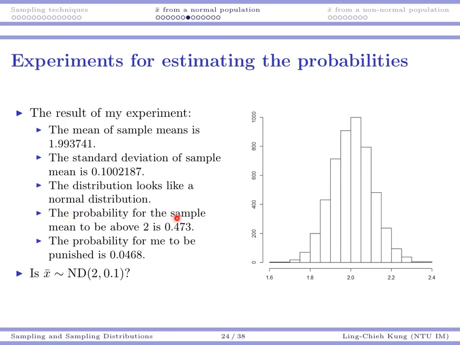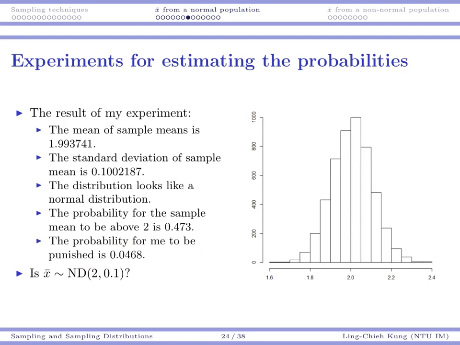The probability for the sample mean to be above 2, in my experiment, is around 47%. And the probability for me to be punished is around 5%.